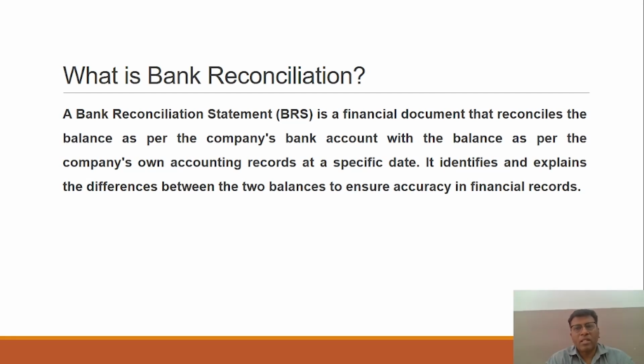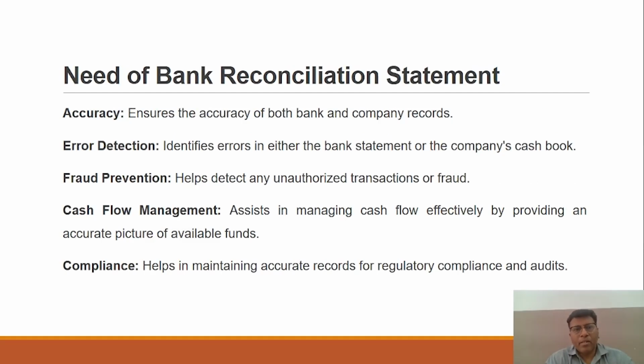So the bank reconciliation statement is that particular document which is assisting you in providing accuracy to your recording in your accounts, right? So this is the particular importance, and as per the particular need, when we focus on this topic, you find that accuracy is required in the books of accounting.